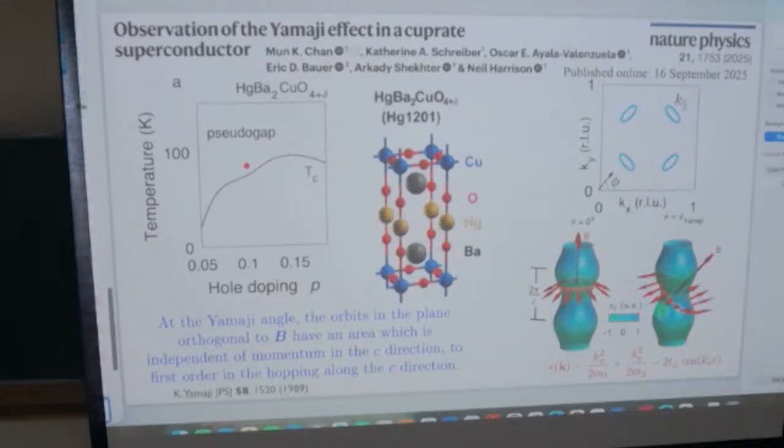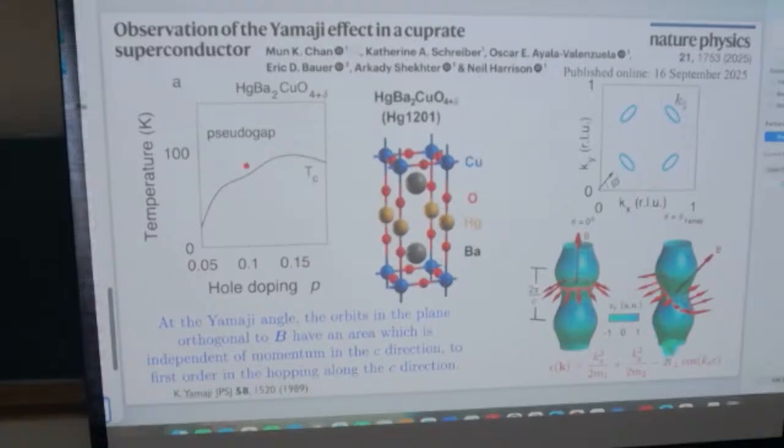Now it turns out at certain angles, in fact at the Yamaji angle, the area enclosed by this orbit is independent of where you are in the z direction. It's the same shape, and the area remains the same. So effectively, you get a flat band in this direction, which suggests that there's a peak.